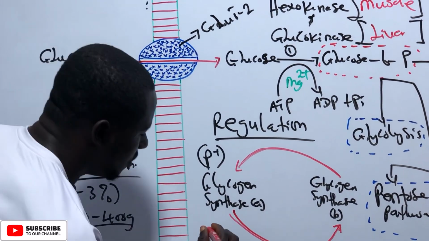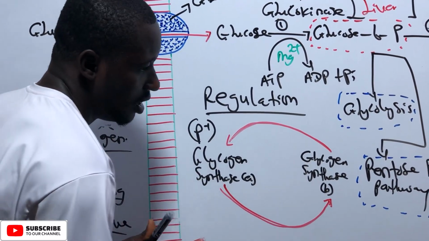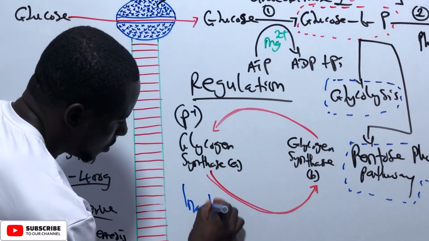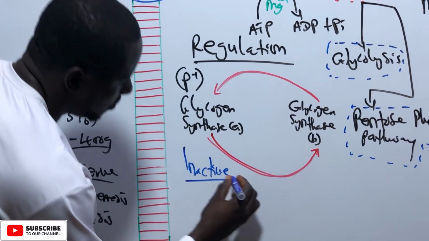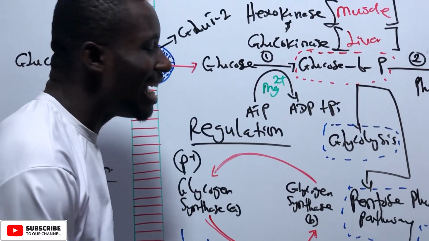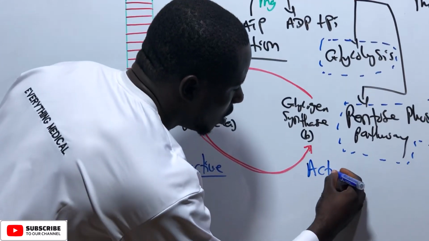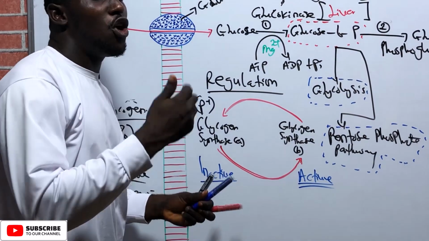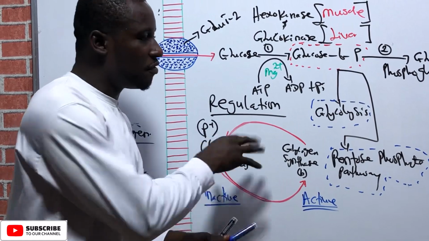So it is inactive. While the one that is dephosphorylated is active. But then there are hormonal regulations of this pathway.